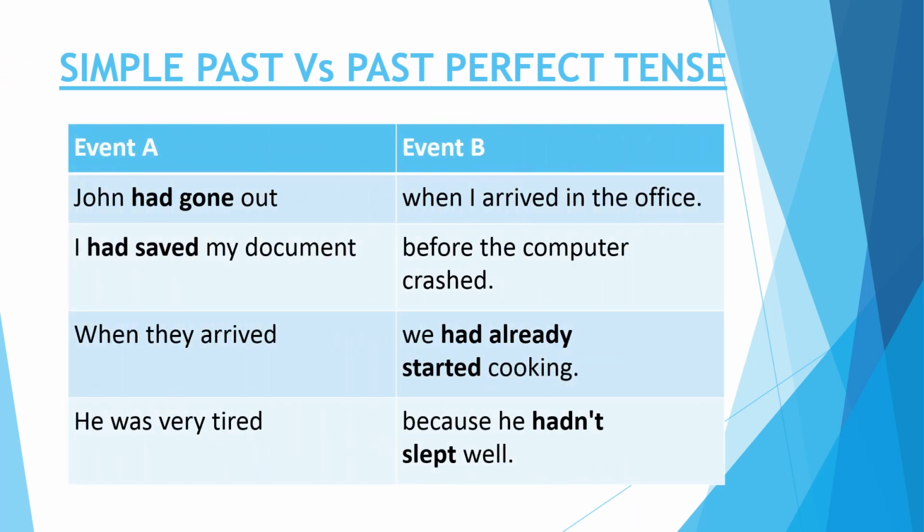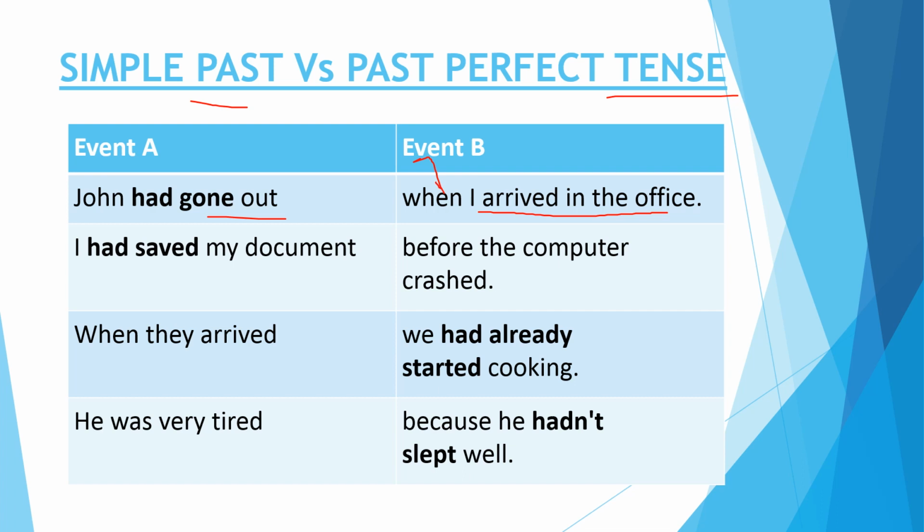We will understand the simple past and the past perfect tense by comparing them, and when to use which tense when we talk about actions happening in the past. See here: John had gone out when I arrived in the office. So John had already left the office when his boss arrived.